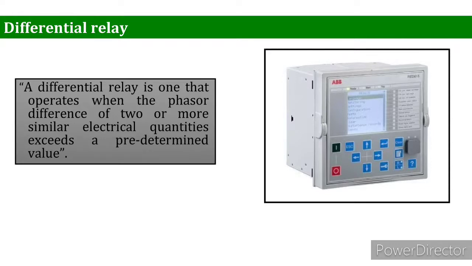So, if we can define it more simply, then we can say that any change occurring between two same quantities, the differential relay will measure it and operate according to the predetermined value.